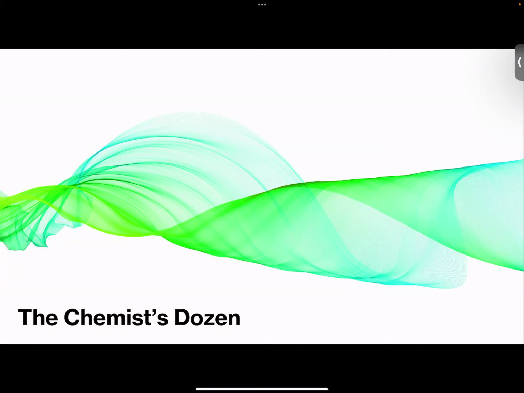The chemist's dozen is a little bit different. We also do have a counting number. The number of decimal places go on forever, but we're gonna shorten it. And the chemist dozen is called a mole.